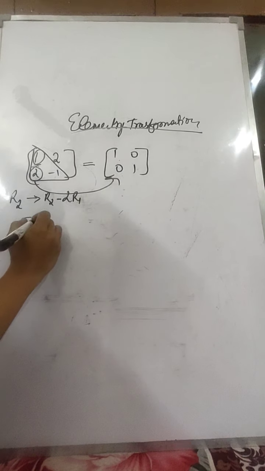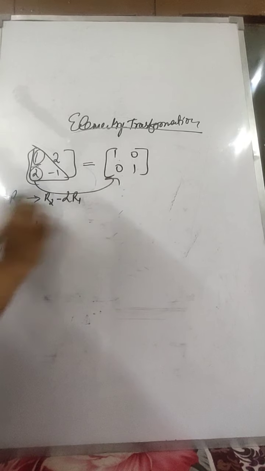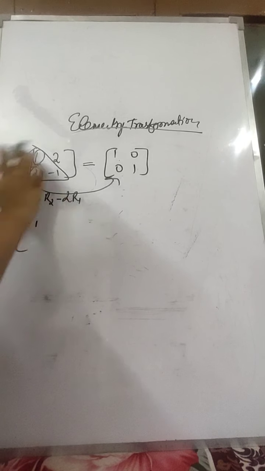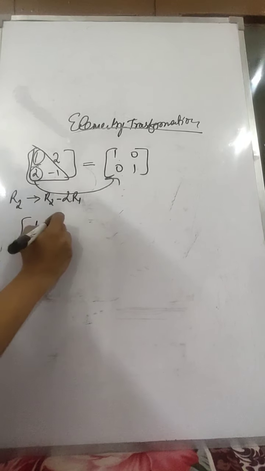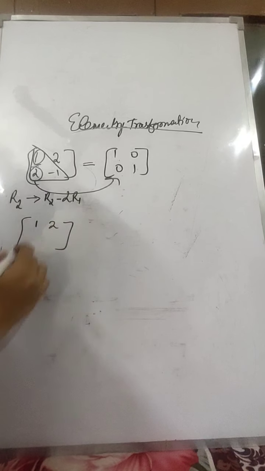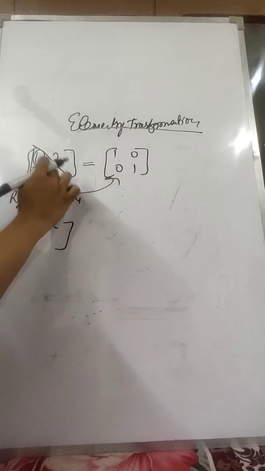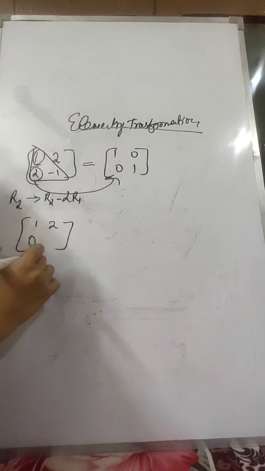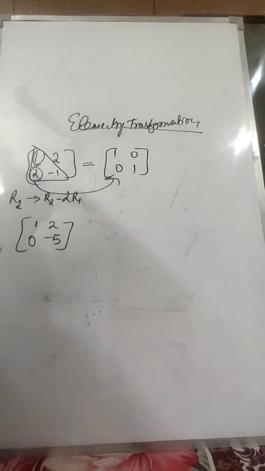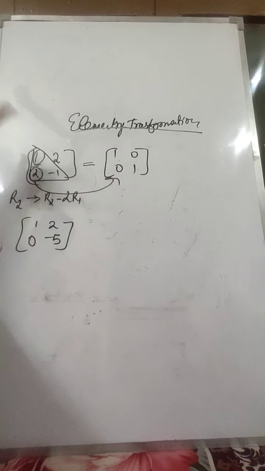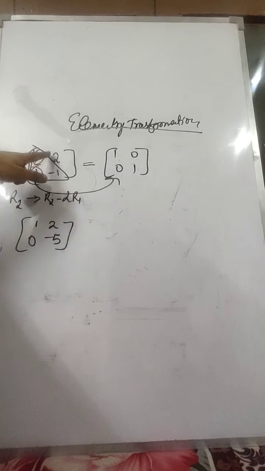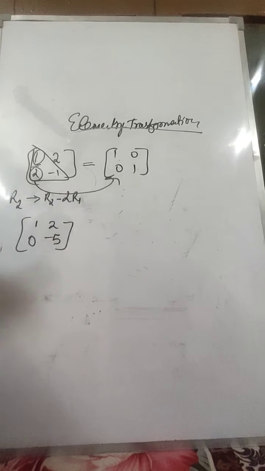We are only changing one row, so the other rows remain the same. The 0 is also part of row 2, so here we'll get minus 5: subtracting 2 times this gives minus 4, and minus 1 minus 4 is minus 5.